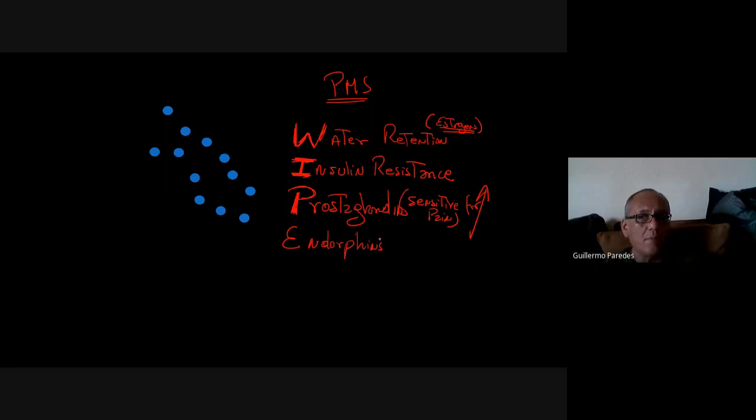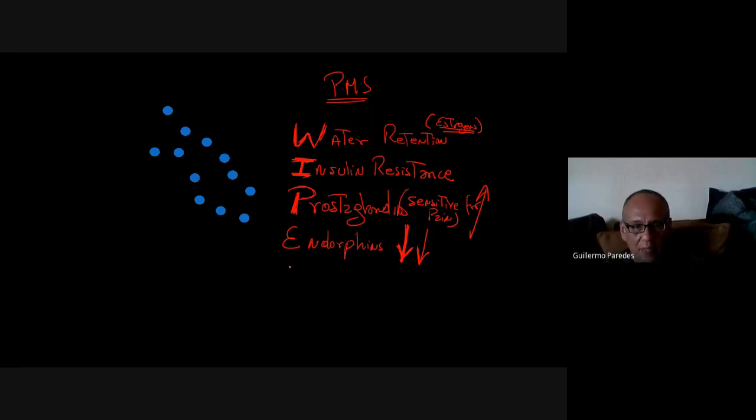When you have a broken bone, in the first second you don't feel the pain. After a few seconds, yes. Why? Because you release these endorphins, which make you more resistant to the pain for a few moments. What happens with PMS? Endorphins go down, very down. So you're more sensitive to pain.